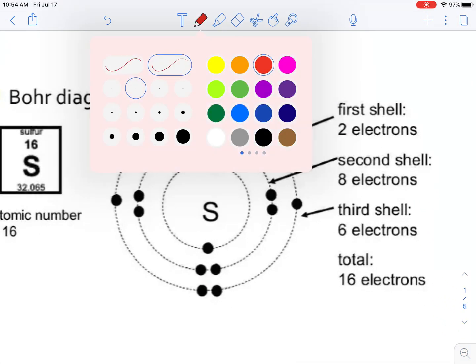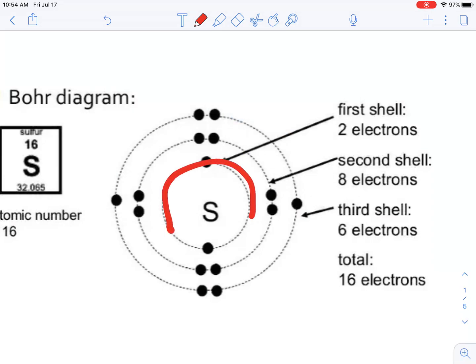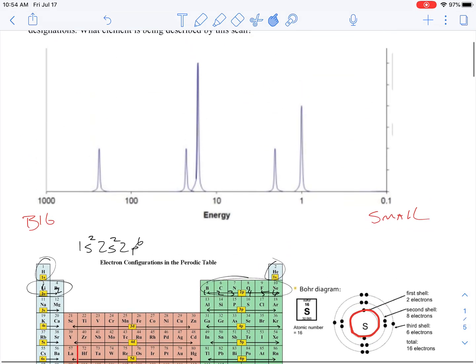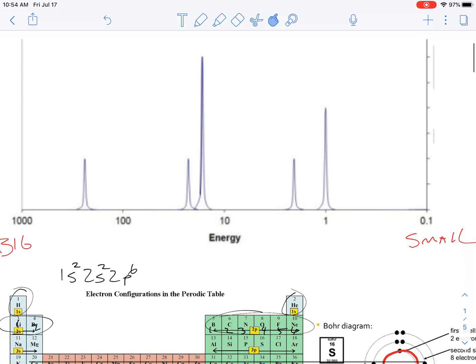knowing that the big numbers are actually going to be the ones that are on the inside of the electron notation. The big numbers are always your 1s's, because they are the closest to the nucleus, and because they are the closest to the nucleus, they are the hardest to remove.